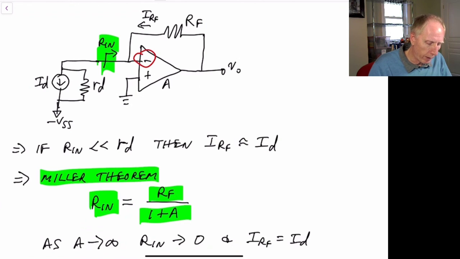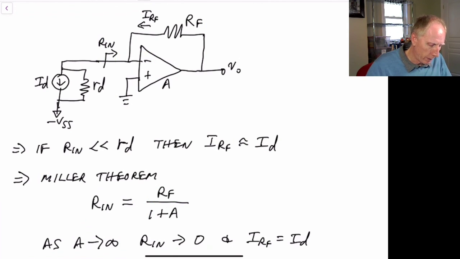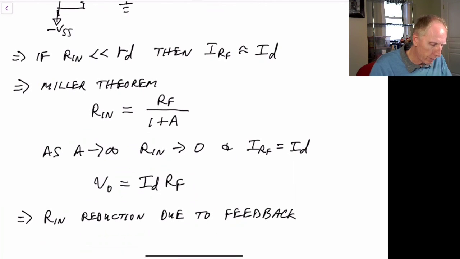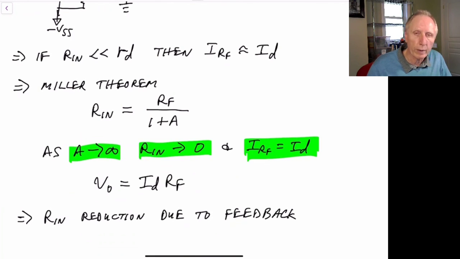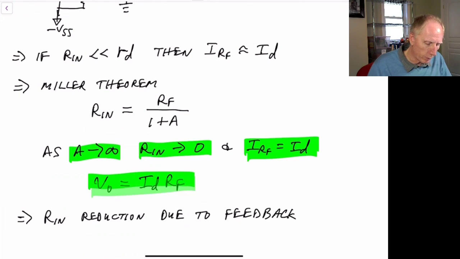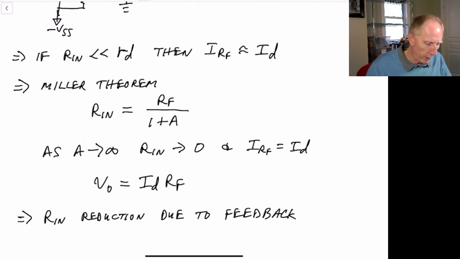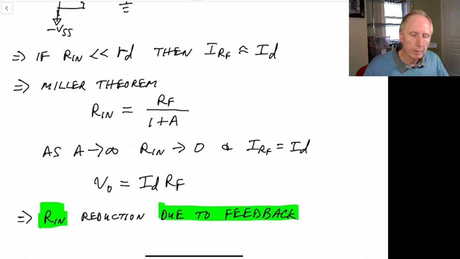So it becomes divided by 1 plus A. So as A goes to infinity, Rn goes to 0, and we have that the current through that feedback resistor R sub F is equal to the current through the diode, and then V out is equal to ID times RF. So what we see here is that we have an Rn reduction. In this case, the input resistance is getting smaller, and that's due to feedback.